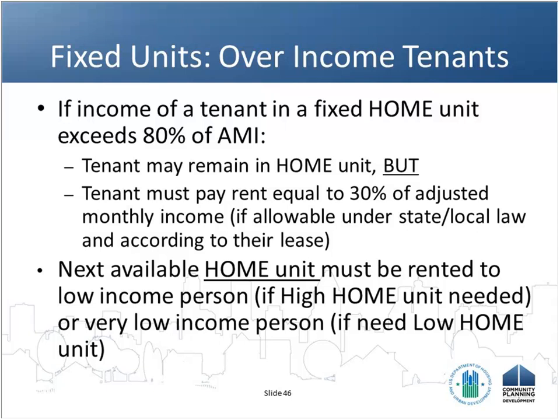When we have the next HOME unit available, if this unit was a low HOME unit, we're going to make sure that our next HOME unit is rented to an income-eligible household and designated as a low HOME unit. Our first step is to try to replace and make sure that we have our low HOME units in place. But keep in mind, we are not swapping outside of our designated HOME units in this example.